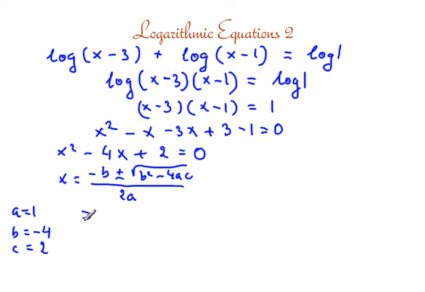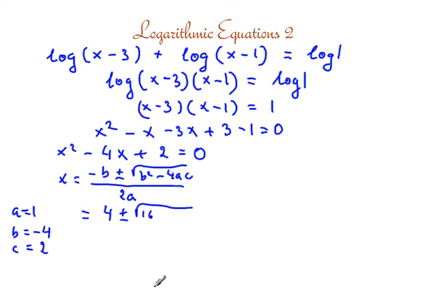By replacing letters a, b, c with the values that are given in our equation, we can further solve it for x. So 4 is negative b, plus or minus square root. Now b squared, so negative 4 squared is 16. Whoops, I meant to say 16. I better stick with that.